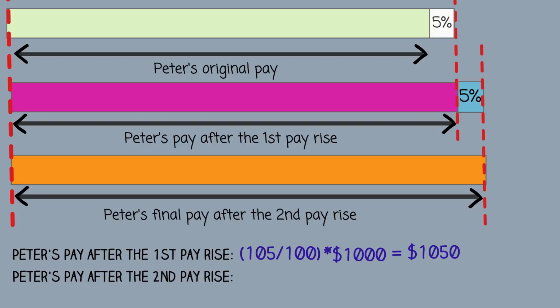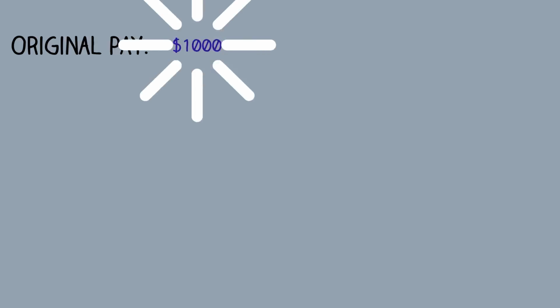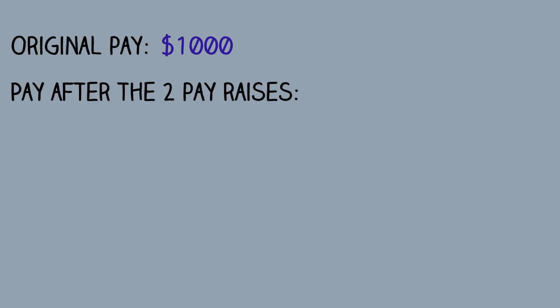To calculate Peter's pay after the two raises, we can take 105% of his pay after the first pay rise, which is $1,050. This gives $1,102.50. We know that Peter's original pay is $1,000, and his pay after the two pay raises is $1,102.50.